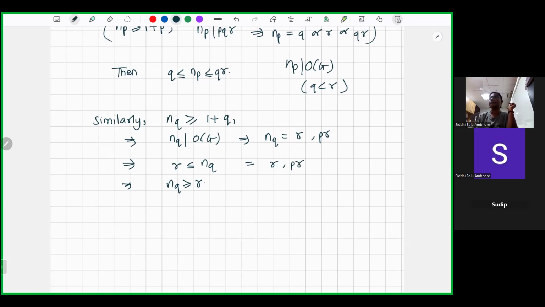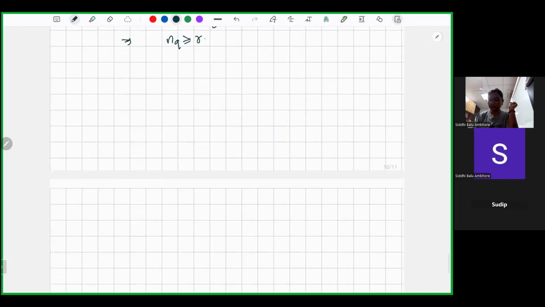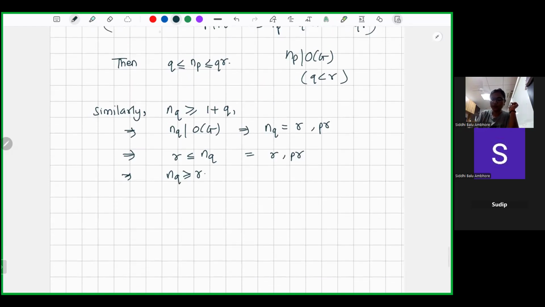Okay, it can't be PQR, because NQ is greater than or equal to 1 plus Q. If that's the case, it divides the order of G, and so on. So it's not possible, but we now have these two pieces of information, that NP is between this, and NQ is greater than or equal to R.